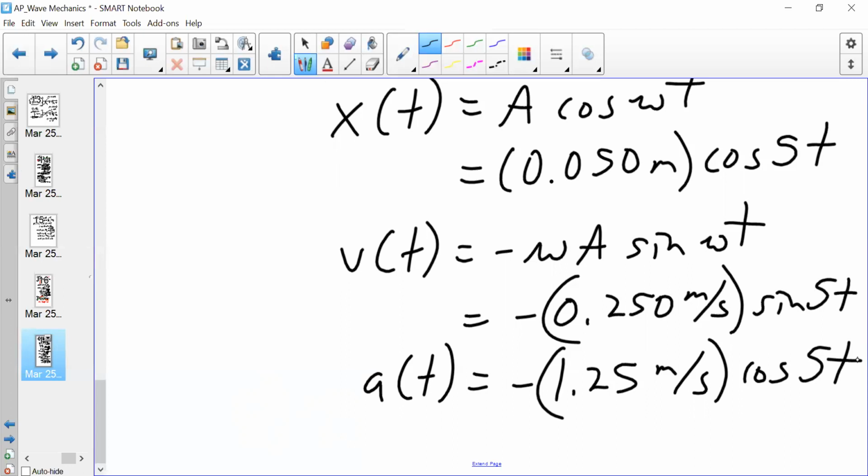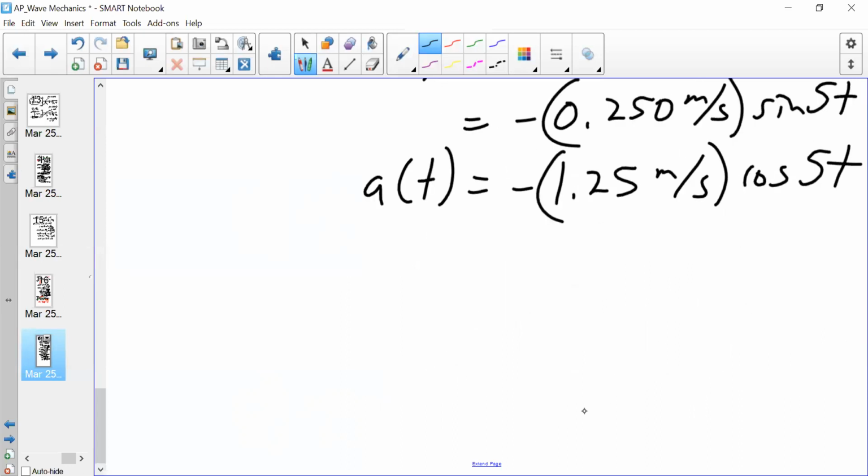Let's go to question 2 of the problems. Page 441, number 2. You guys work on that for a few minutes. Some practice. We have this piston that oscillates with simple harmonic motion.